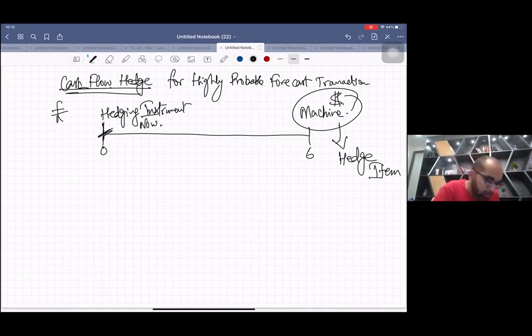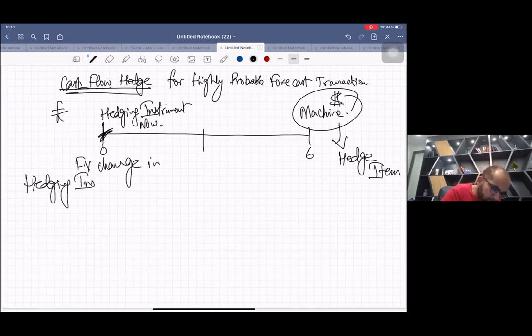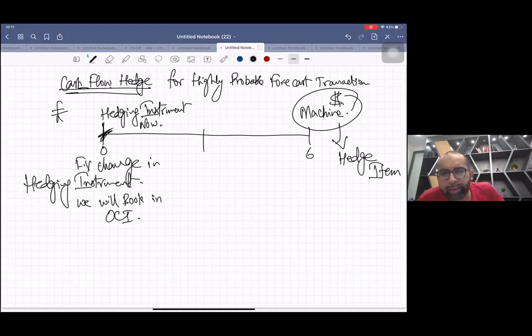So now whatever fair value change in the hedging instrument, we will book in OCI. Or let me say the proper word, the effective portion. Now you are no more kids. The effective portion of the fair value changes of the hedging instrument will be booked in OCI.